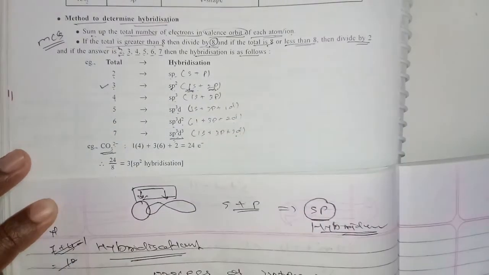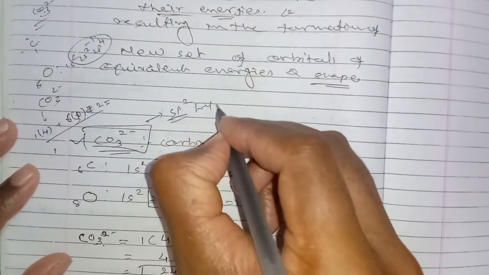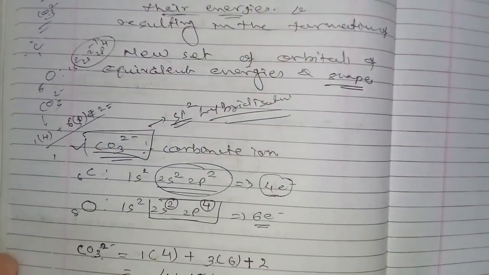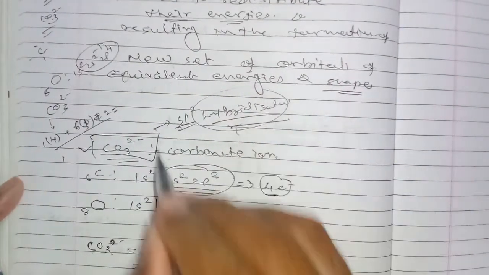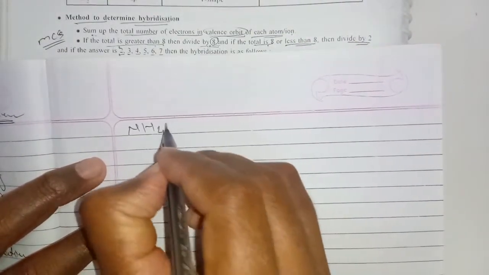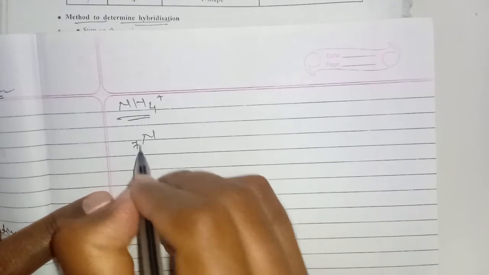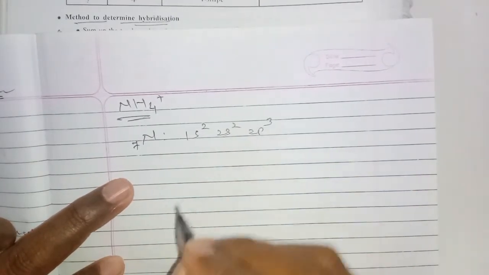So in the carbonate ion there is sp2 hybridization. Okay, now let's see another example of the type of hybridization, the ammonium ion. For nitrogen the atomic number is 7, electronic configuration 1s2, 2s2 and 2p3.